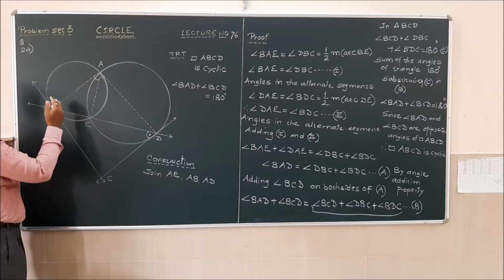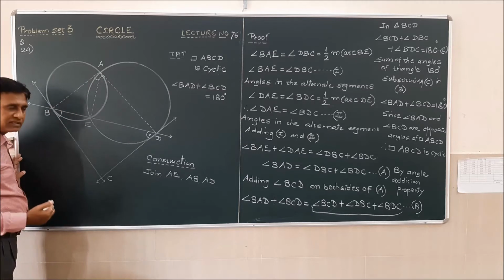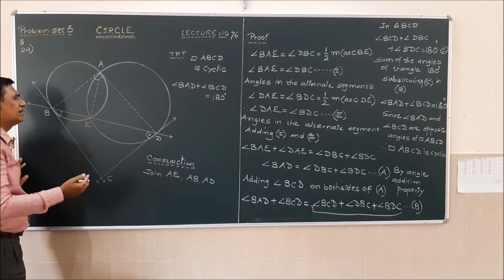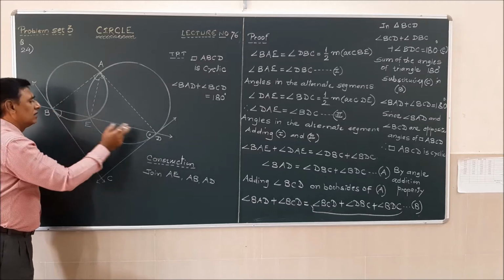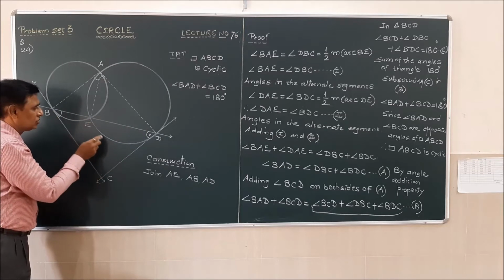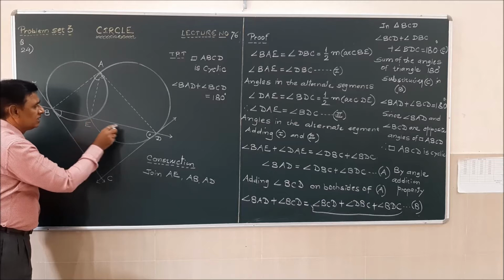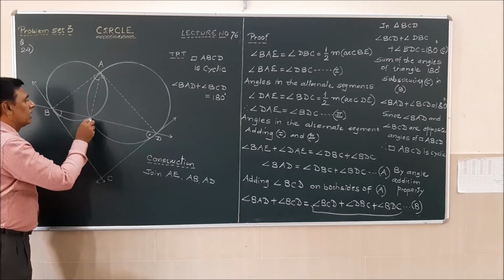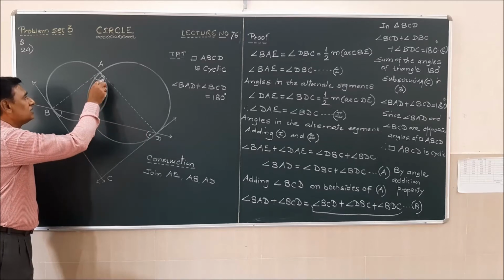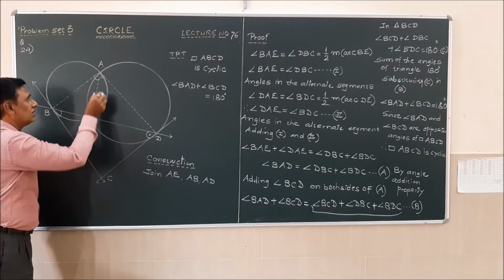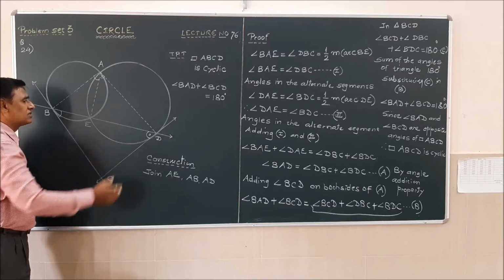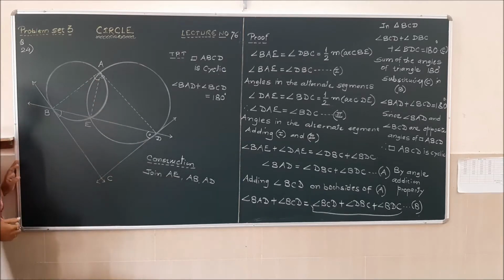Therefore, these two angles are congruent, and this combined result is called angles in the alternate segment. In the same way, angle BDC is equal to half arc DE. DE is secant, BC is tangent. Angle EAB is equal to half arc ED. So these angles combined are called angles in the alternate segment.